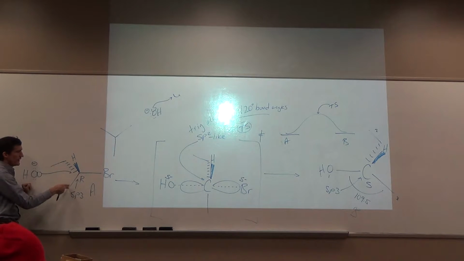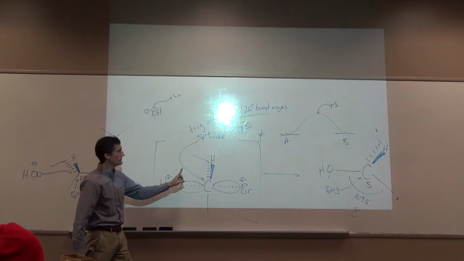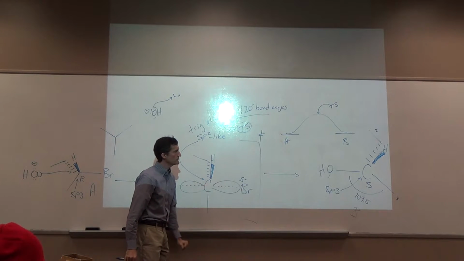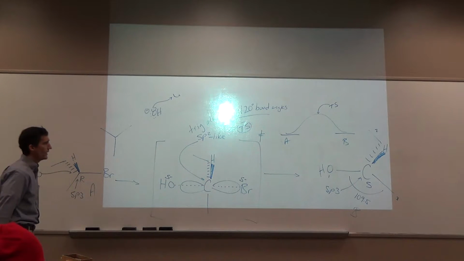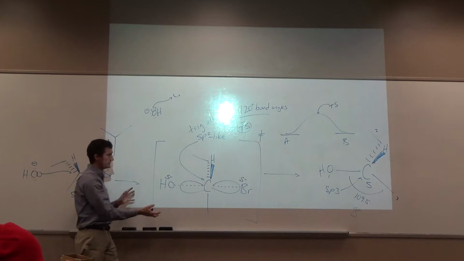The crowding here will be important. Also, the bond angle will be important because it has to achieve a 120-degree bond angle in the transition state. As we move forward, we'll show some examples and we'll refer back to what I just said. Crowding, as this approaches, raises the energy.